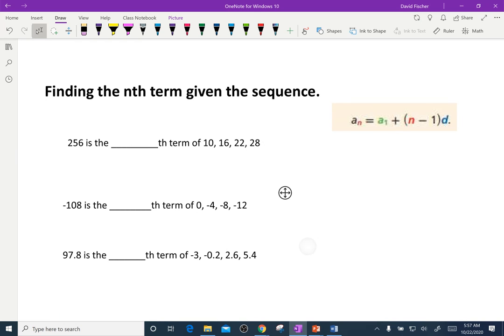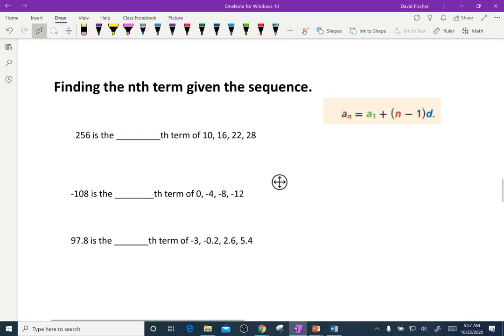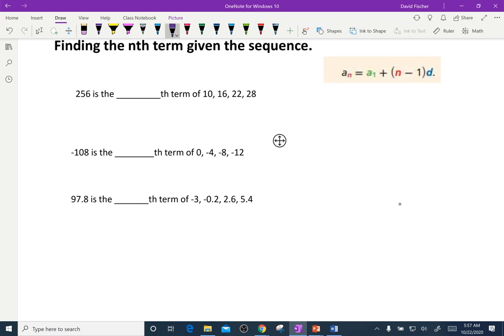We have a problem where the number is 256, and we want to find what term that number is. We can use the same formula we used yesterday, only now we're not solving for a sub n. We want the n part. We want to know what number term that is.